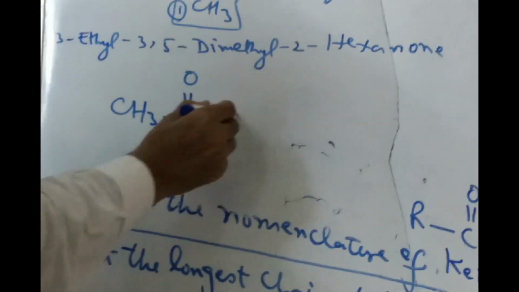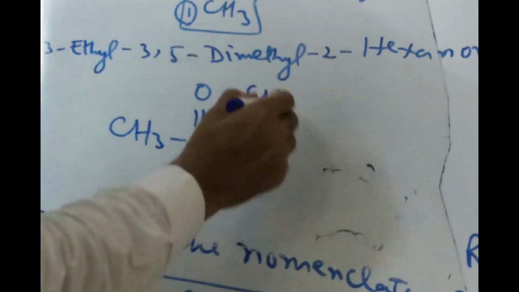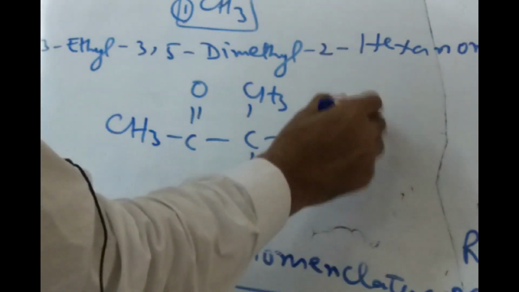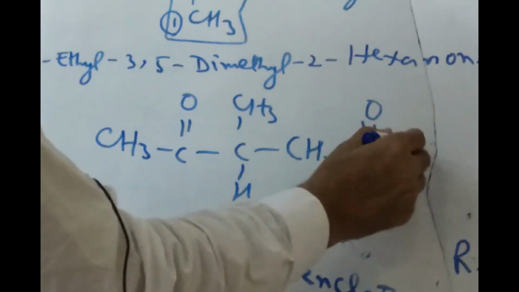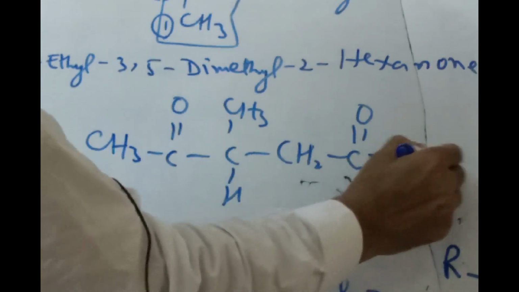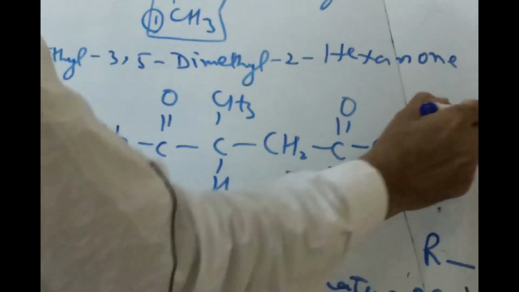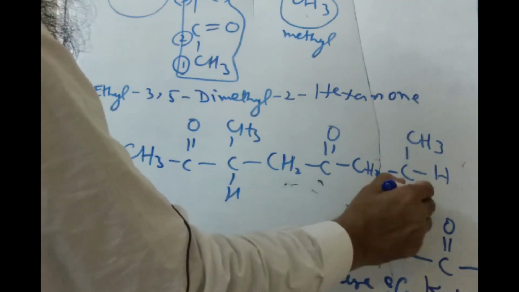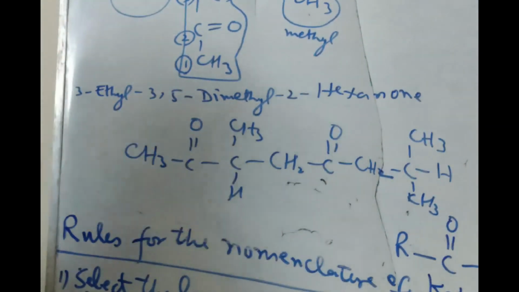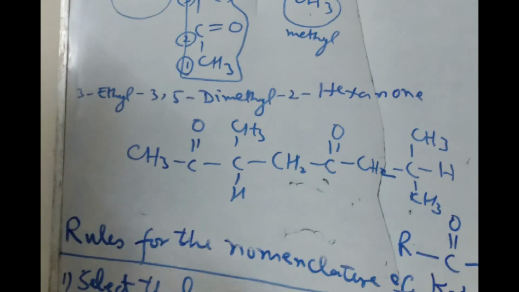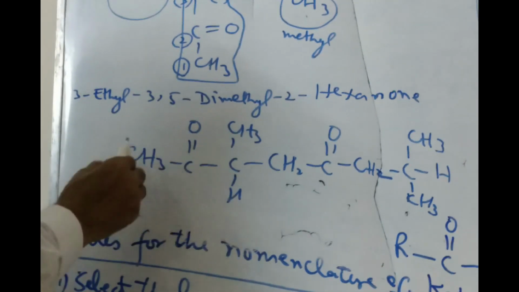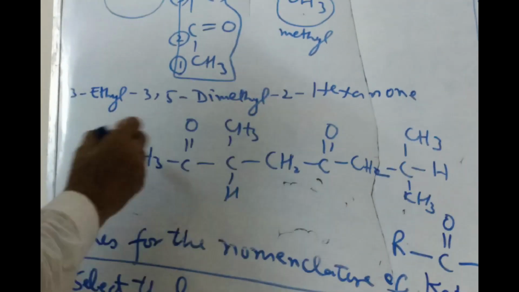CH3, CO, CH, CH2, CO, CH2, CH3, CH3. Now, first of all, select the longest chain. That is 1, 2, 3, 4, 5, 6, 7, 8. So this is the longest chain.